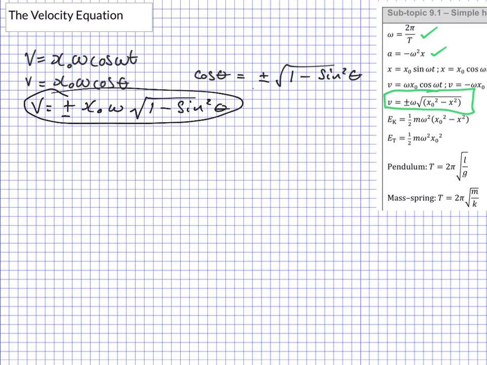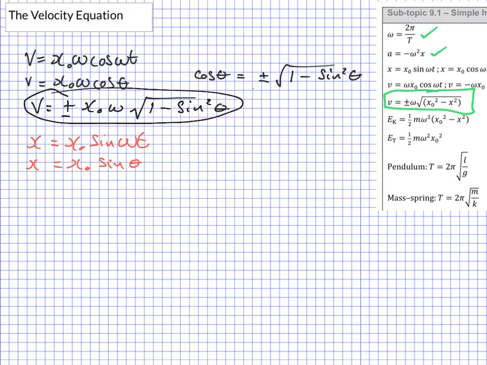Moving on. Let's look at the other equation we started with, which was the displacement equation. Displacement is equal to the maximum displacement times sine omega t. Now, we've already said that omega t is equal to theta, so we can say x is equal to x naught sine theta.